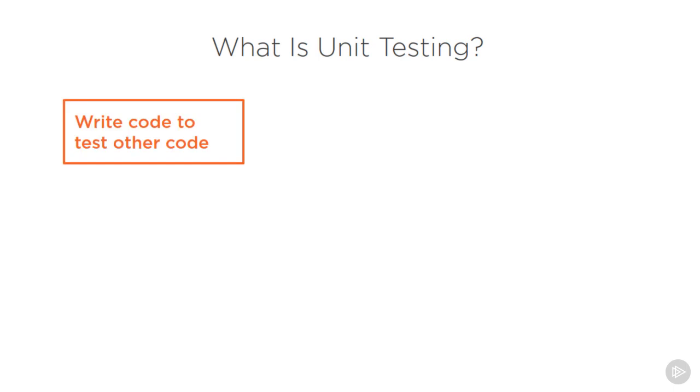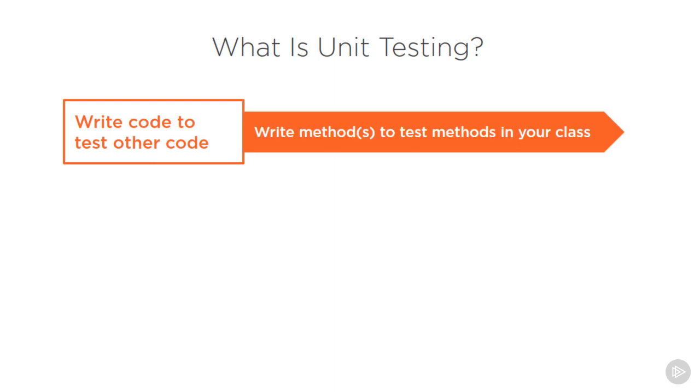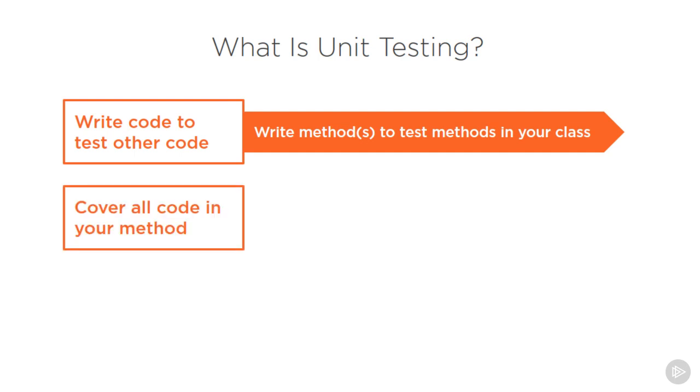Let's start out with a definition. What is unit testing? Unit testing is where you're going to write code to test other code. That means you're going to write methods to test methods that you write in your various classes. We want to make sure that we cover all the code in your method.